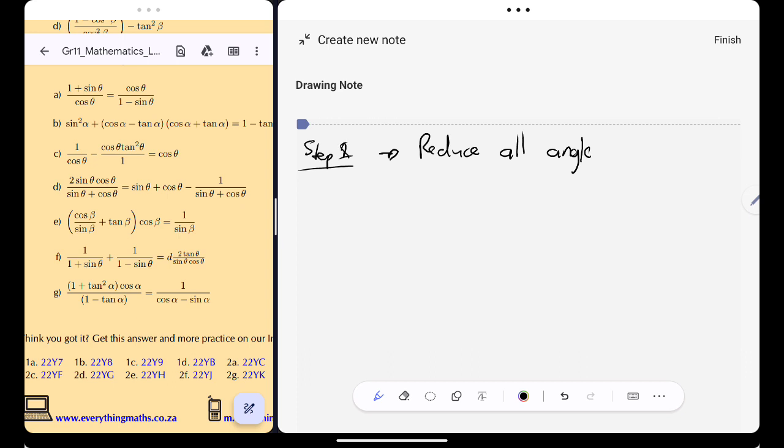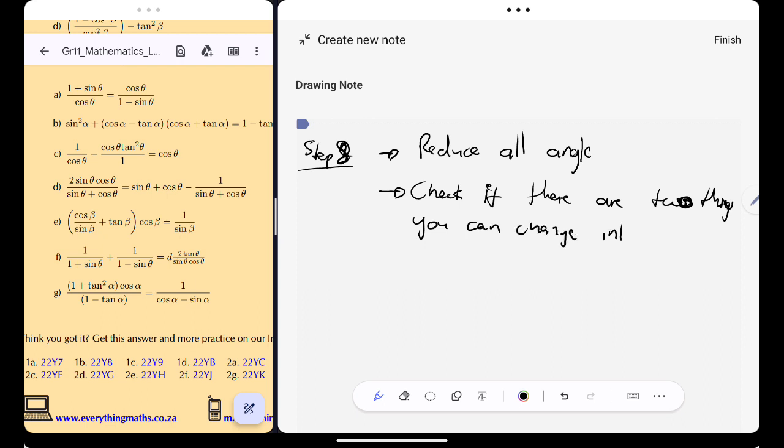Then these are the steps. Step number 2, you must check if there are two things you can change into one.